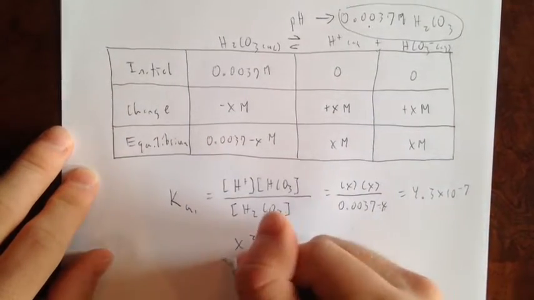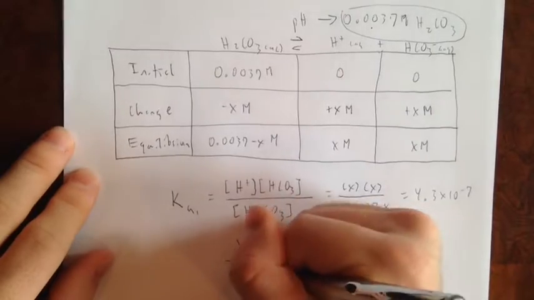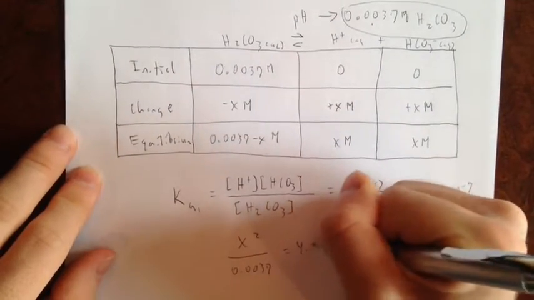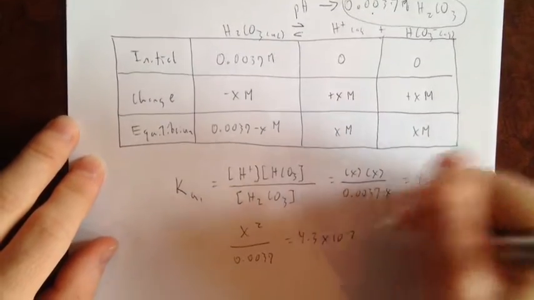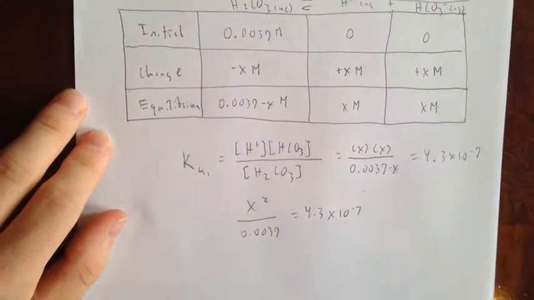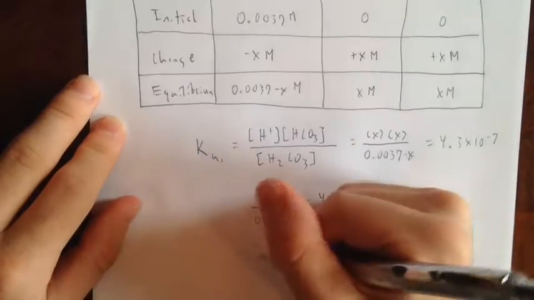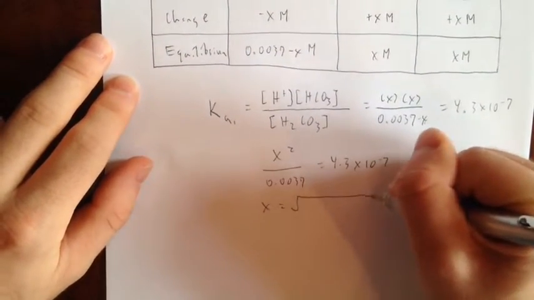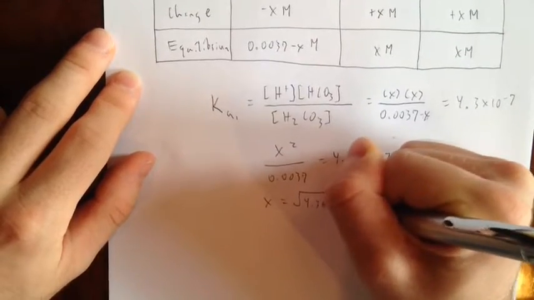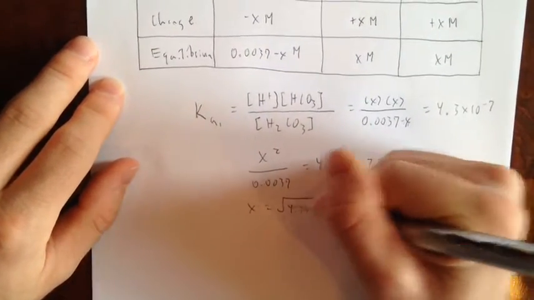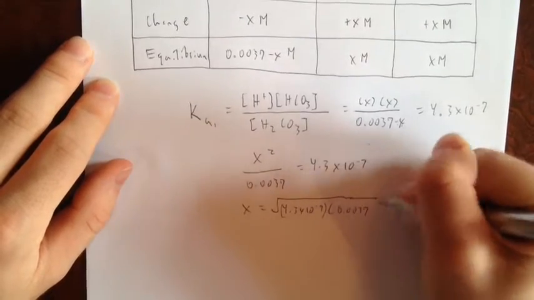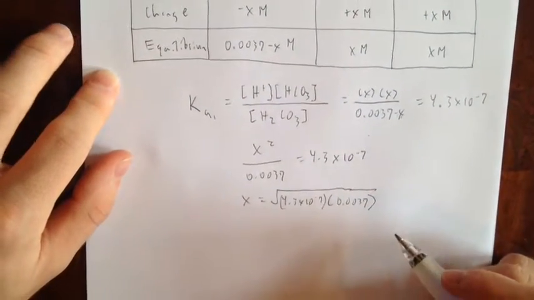We get X squared over 0.0037 equaling 4.3 times 10 to the negative 7th. Thus, X equals the square root of 4.3 times 10 to the negative 7th times 0.0037.